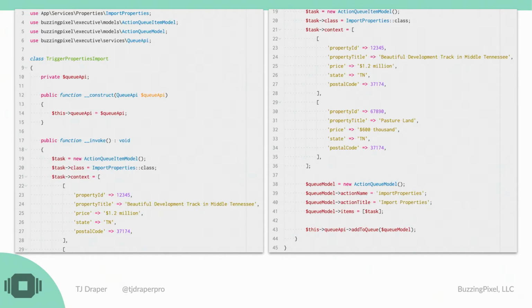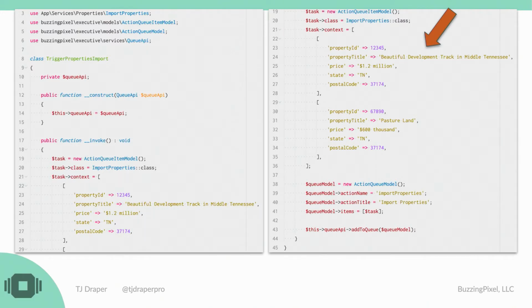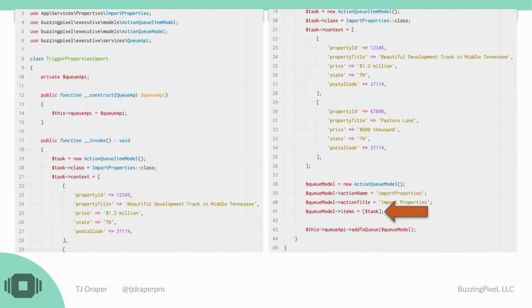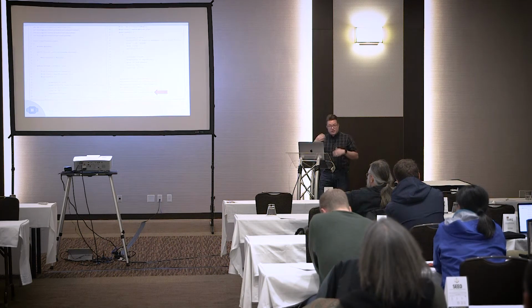So I'm just adding some stuff to it. And then here I'm creating a queue model, and you can add multiple tasks to it. That's an array of tasks to be added. In this case, I just have the one, so I add that to it, and then I add it to the queue. And at that point, the queue runner would pick it up when it had a runner available.